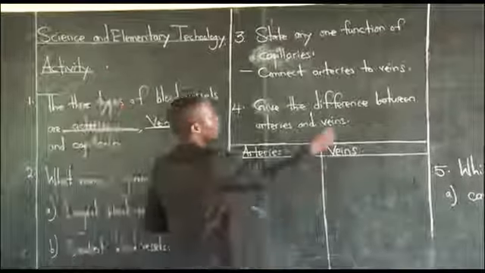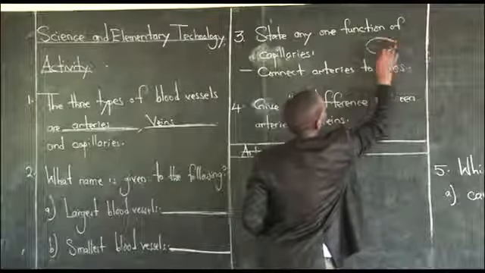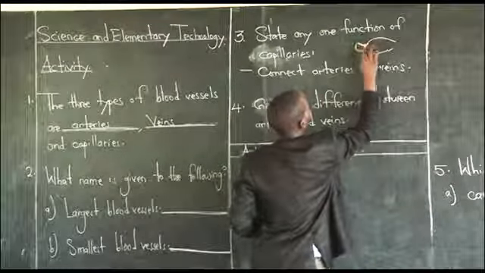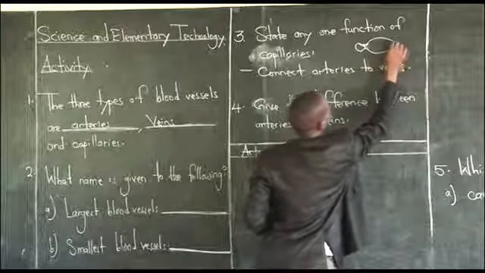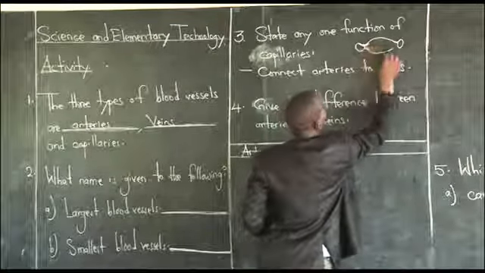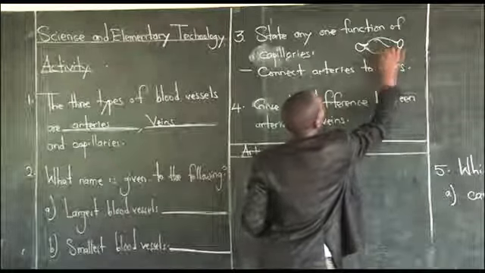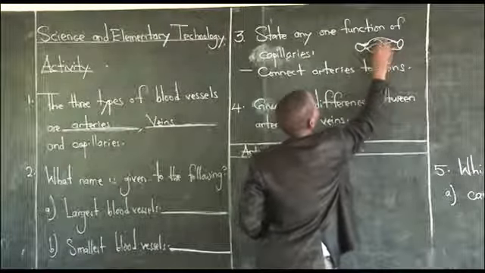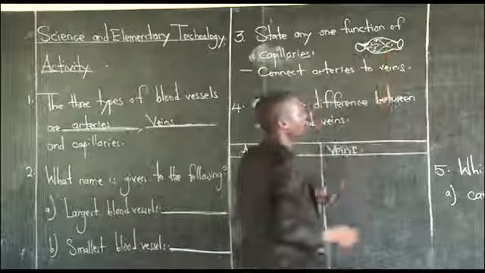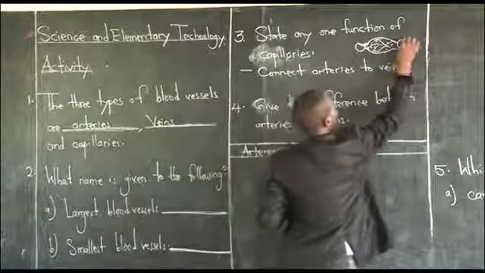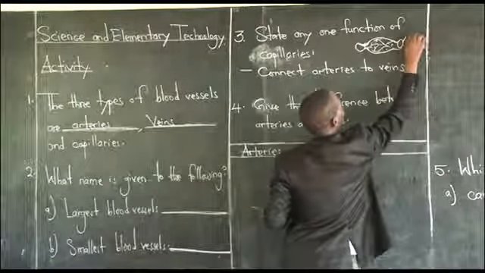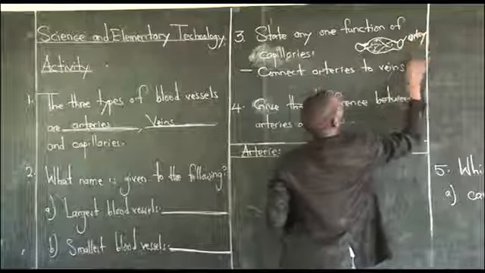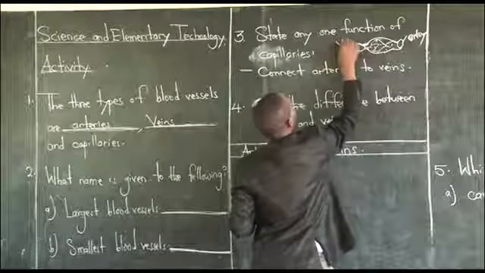If this is a capillary, and last time we drew capillaries and different blood vessels, we can say on this side artery, and this way vein.